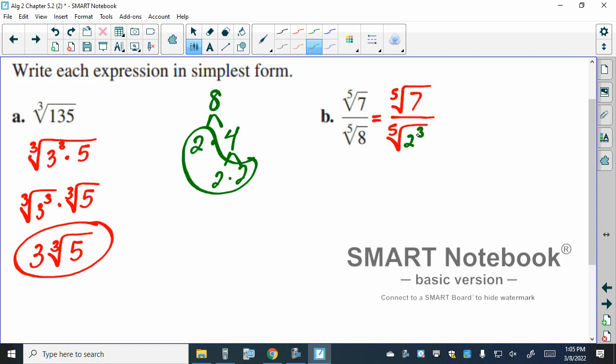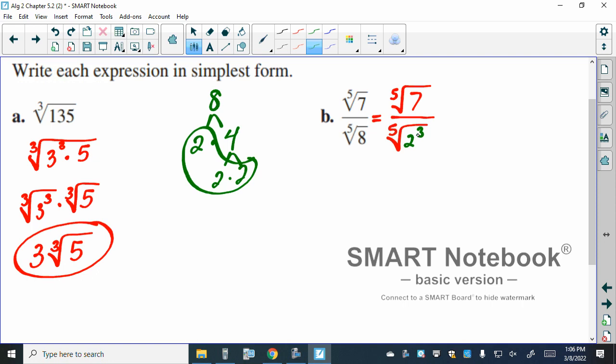So whenever the numerator's number inside the radical and the denominator's number inside the radical won't divide evenly, we're going to have to do this. We need to rewrite the denominator's number, so here 8, in the simplest form possible. So 2 cubed, write it as a prime factorization, this prime number to whatever power.